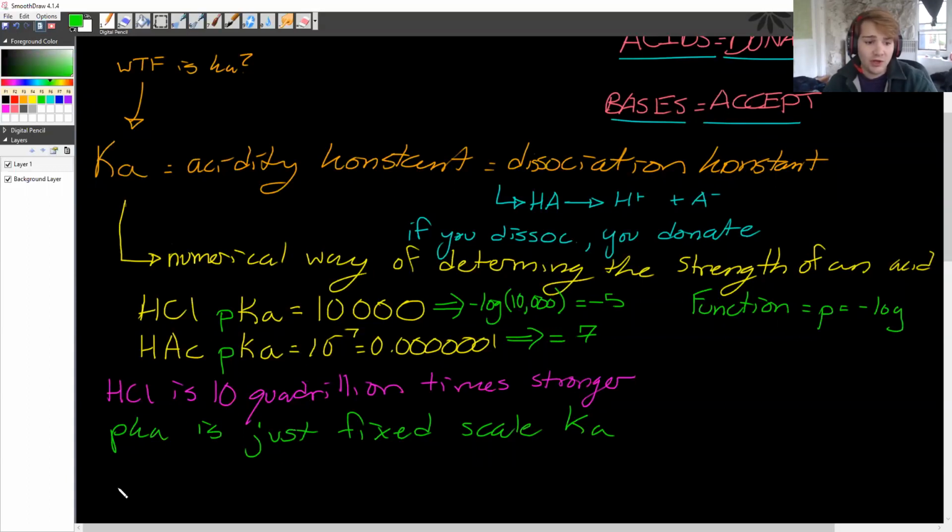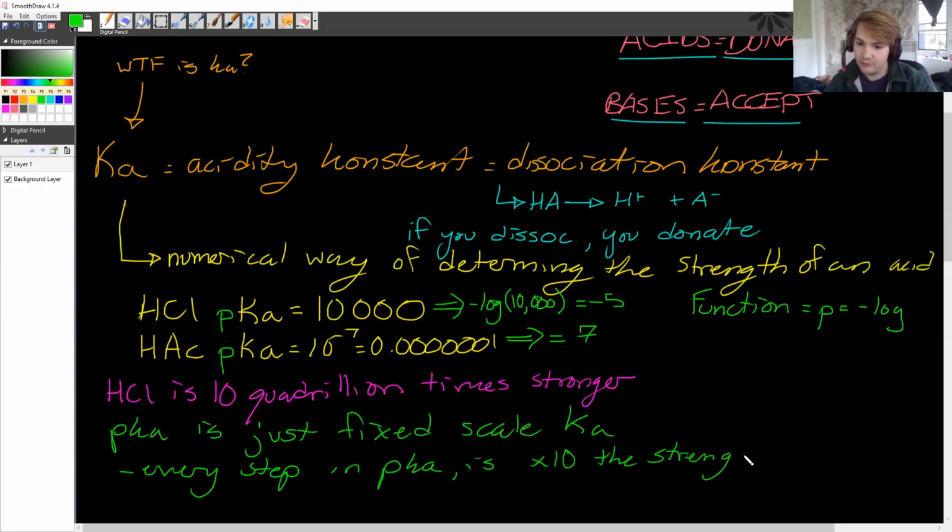So what's important to know is that every step in pKa is times 10 the strength. If we're talking about a strength of 2 compared to a strength of 3, this is 10 times stronger, not 1 time stronger, okay?